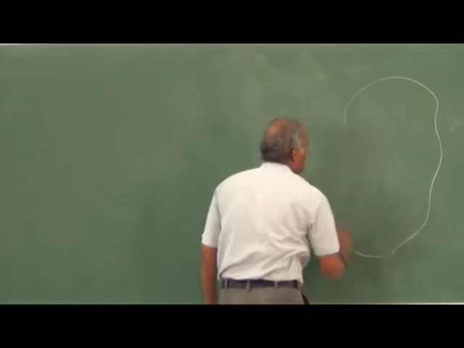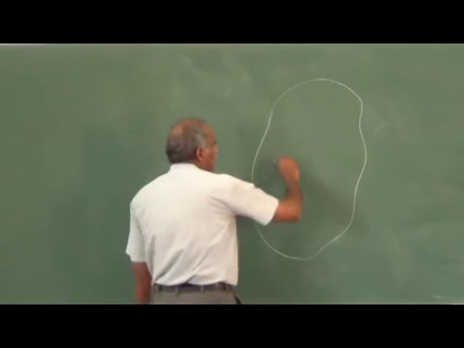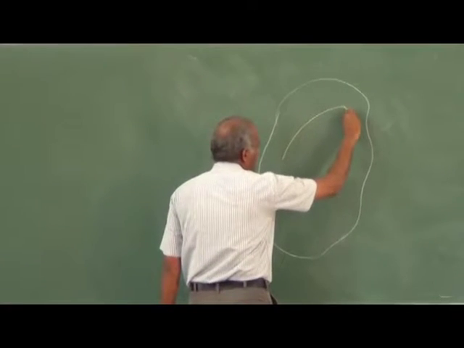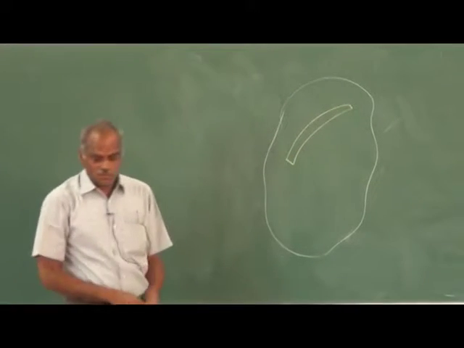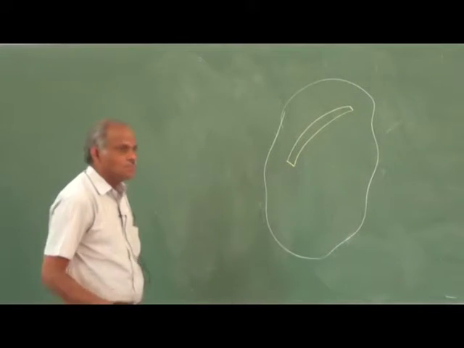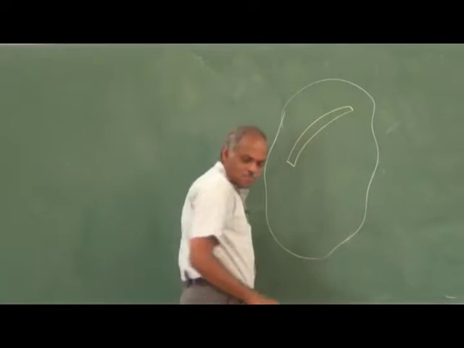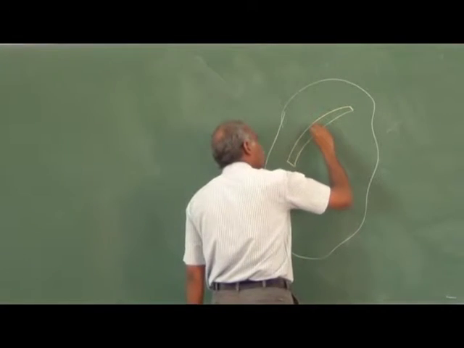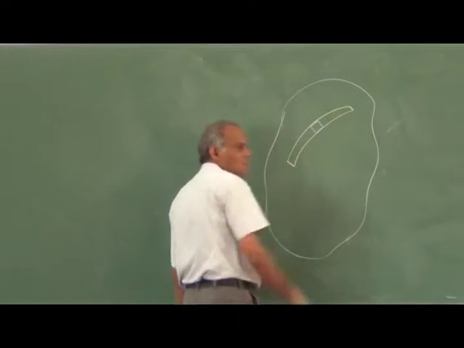Let's say there is a rigid body and there is a curved slot. And there is a slider in this curved slot.